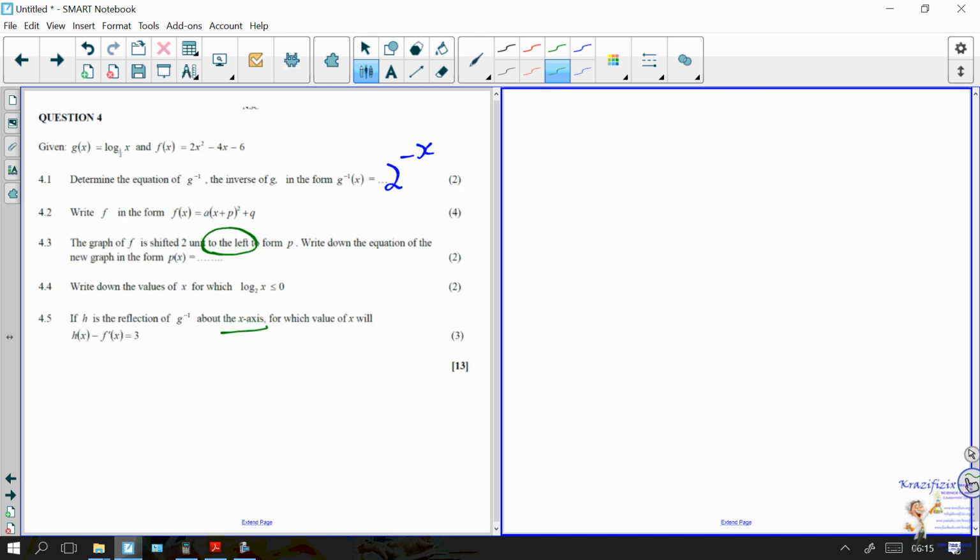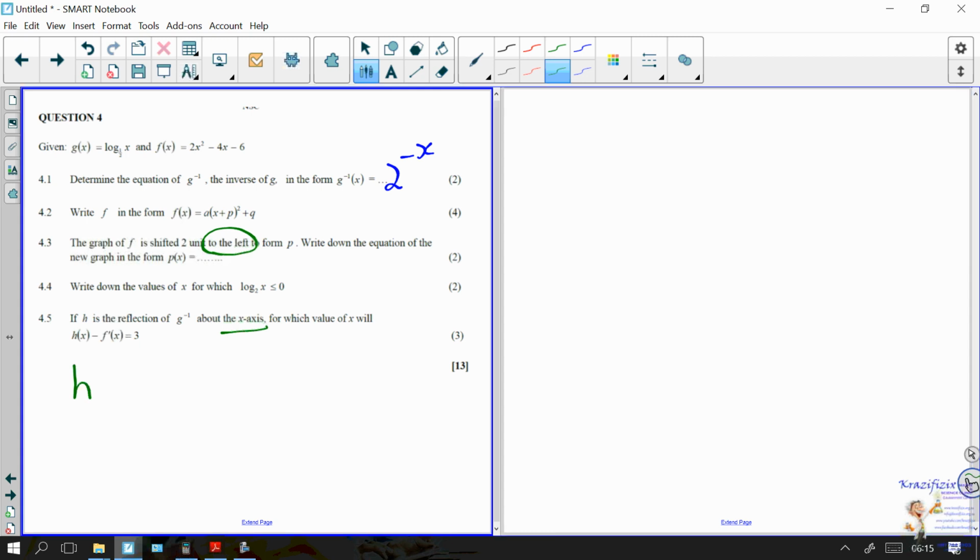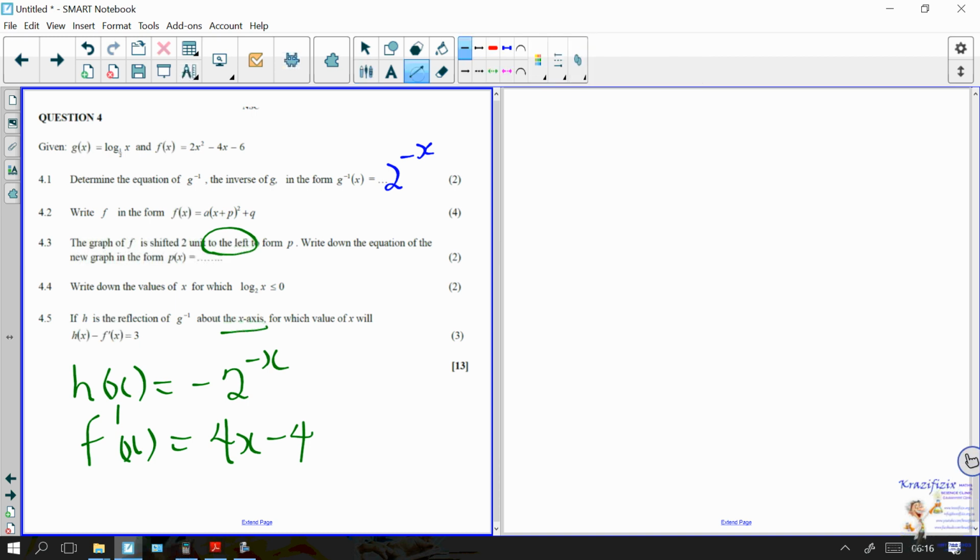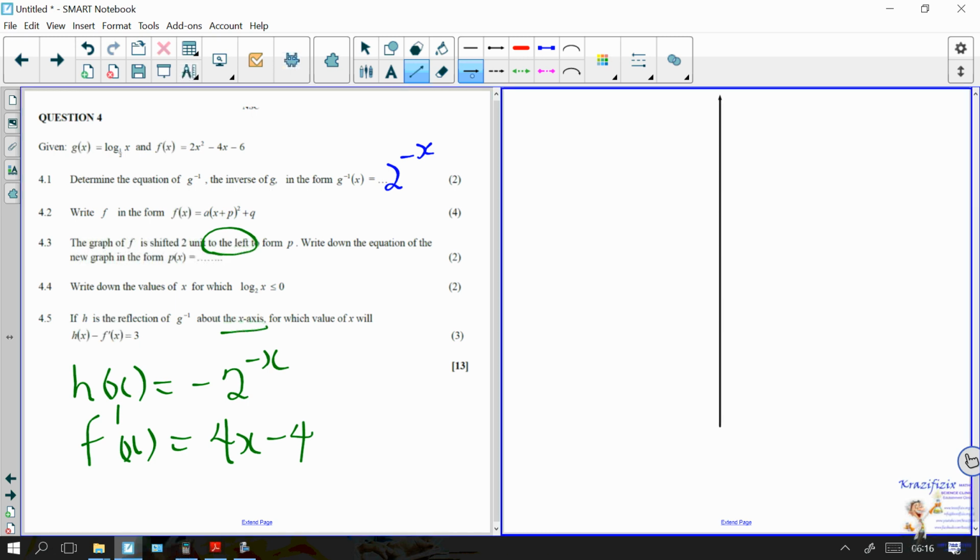If we were to plot a graph, remember what my h of x is. Let me write my h of x here. What did we get? We said negative 2 minus x. And what is my f prime of x? A straight line graph, 4x minus 4. All right, so let's quickly have a graph here.